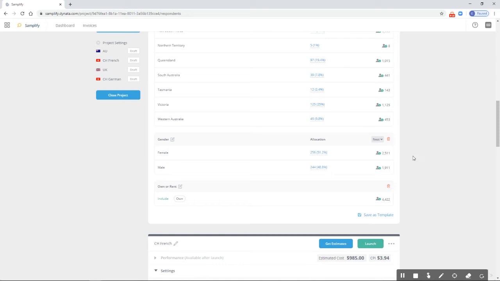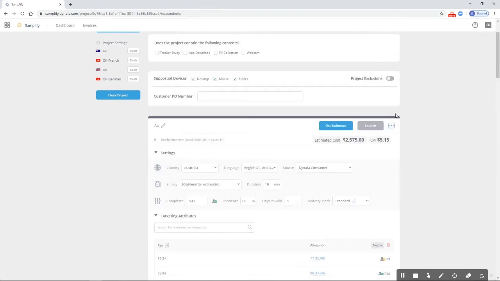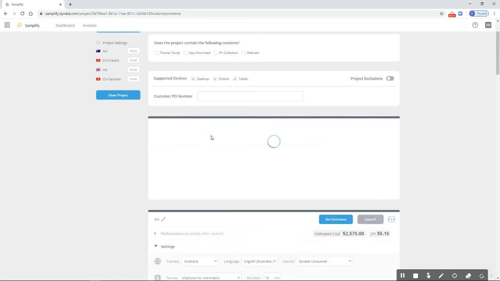The one thing which we do know is that once we've launched this target group, we are just able to modify the allocations, but we are not able to actually take any of the targeting attributes out. So what we would need to do is clone our RU after we pass the target group.